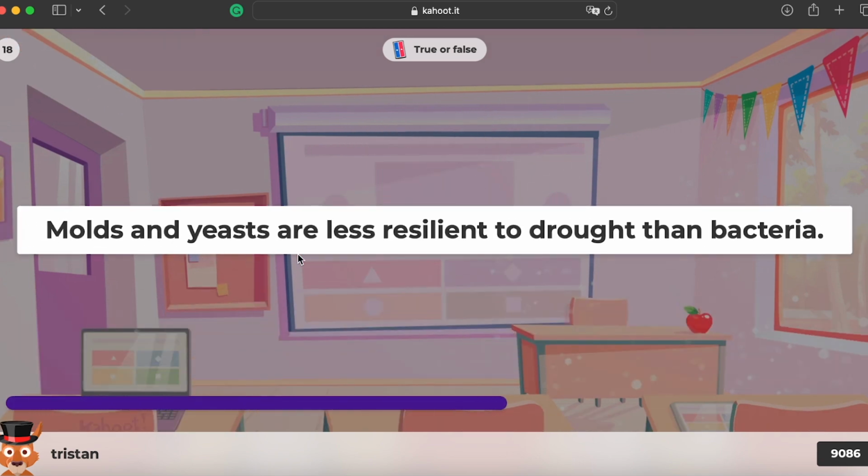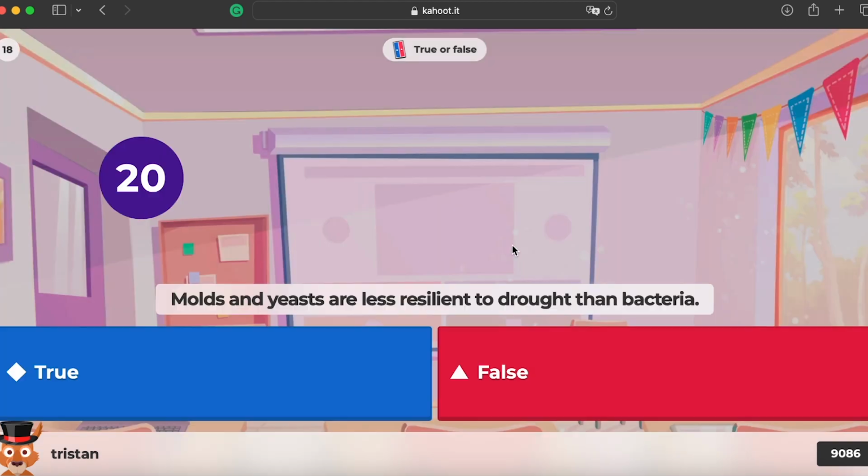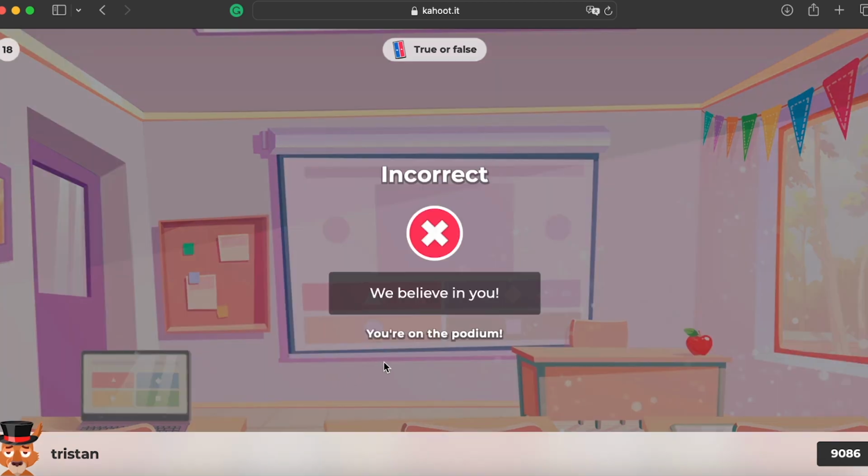Molds and yeast are likely more resilient to drought than bacteria. Yeah, because bacteria cannot grow that much in drought, so it's true. No. Okay.